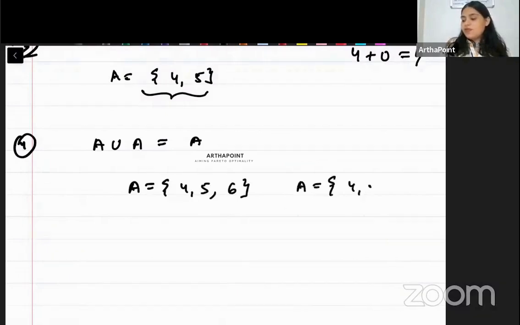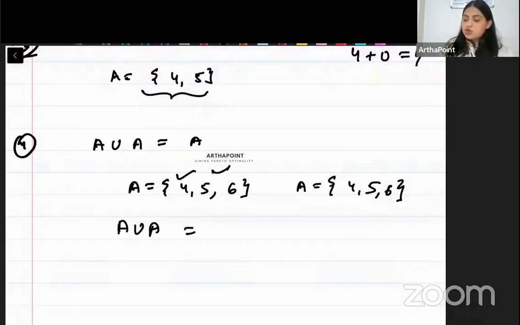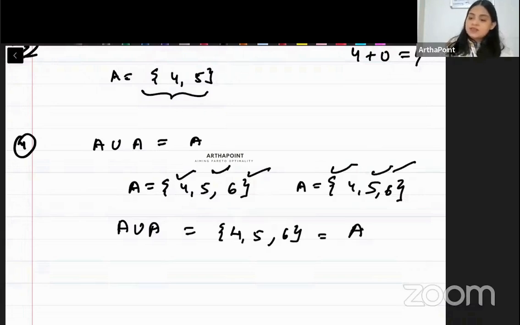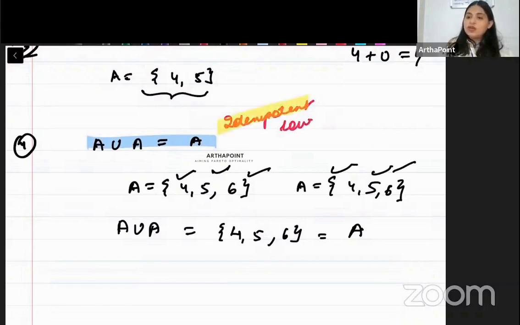A, दूसरा 4 5 6 है बेटा। अगर मैं A का A से ही यूनियन करूंगी तो कॉमन एलिमेंट्स यूनिक लेने हैं ना, यूनिक एलिमेंट्स के साथ साथ सारे इंक्लूड करने हैं। सो यूनिक एलिमेंट्स अगर मैं लूंगी तो वो 4 5 6 ही आएंगे ना, which is just A. Beta, this property, this is called as idempotent law. That when you go ahead and you do the union of A with itself, you get A only. This is known as idempotent law.